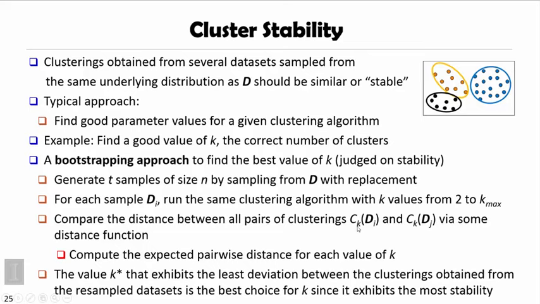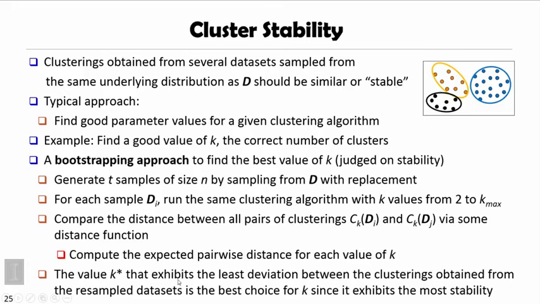For example, for each K, you try to see, for these two different sample data sets D sub I and D sub J, you want to compute the expected pairwise distance for each value of K. That means suppose K is 10, you get these 10 clusters, you want to see their pairwise distance.